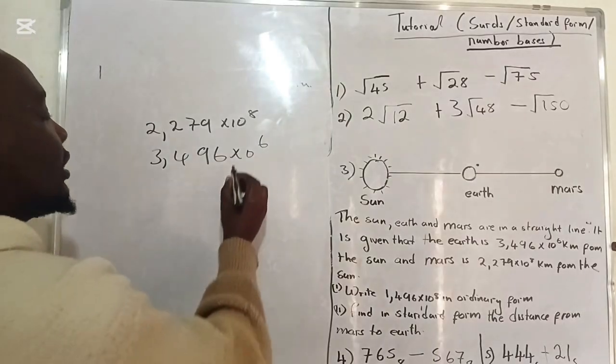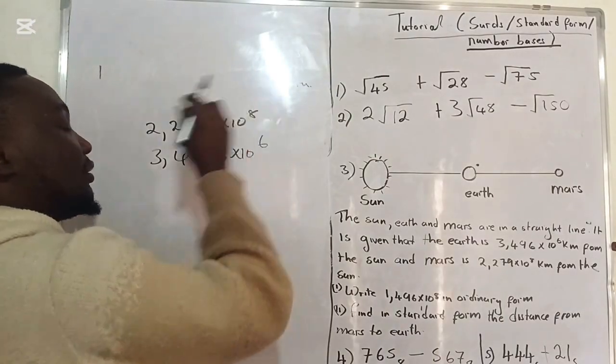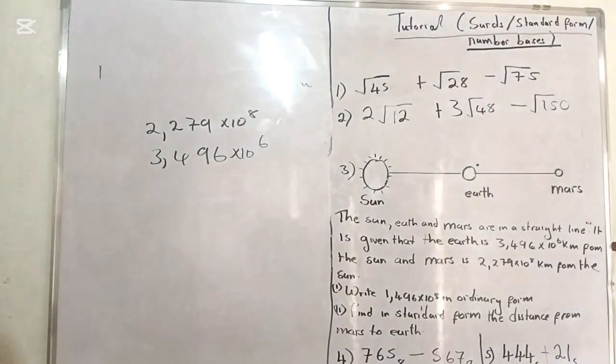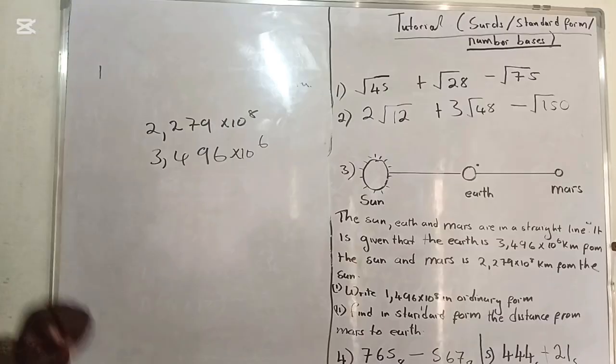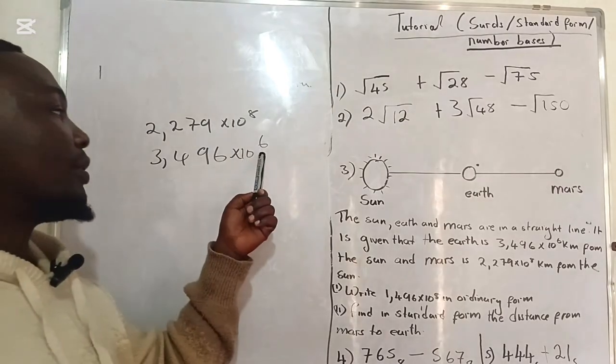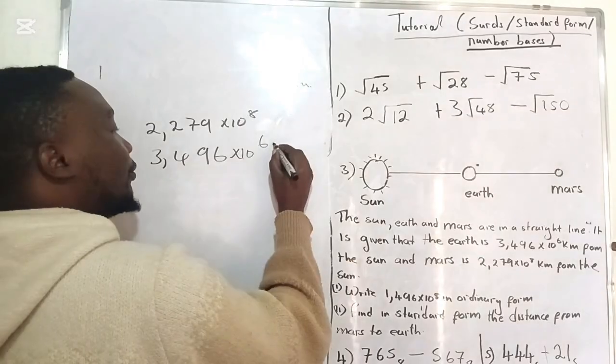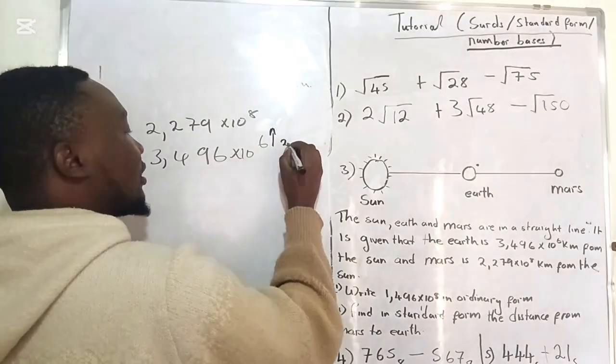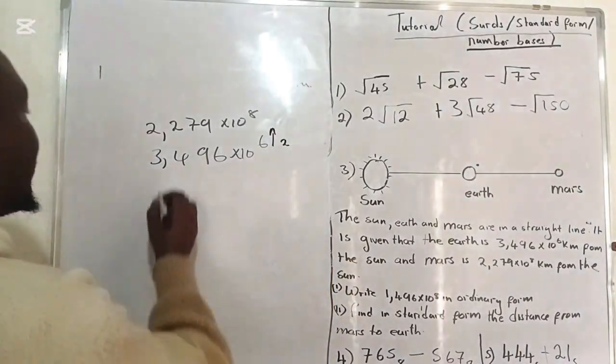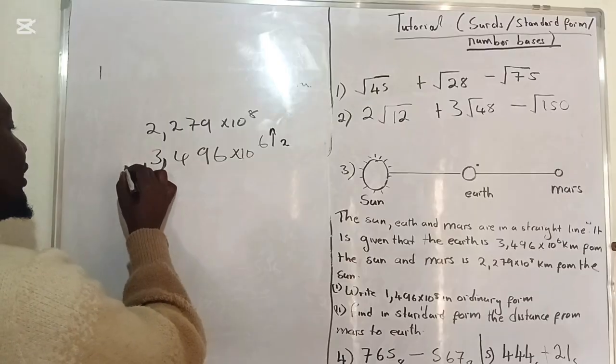So you can see that these powers are different. Before we begin calculating, we need to make sure that these powers are the same, which means the 6 needs to move 2 units upwards, which means our comma is going to move 2 places.